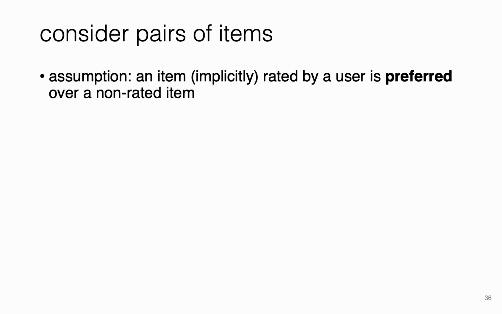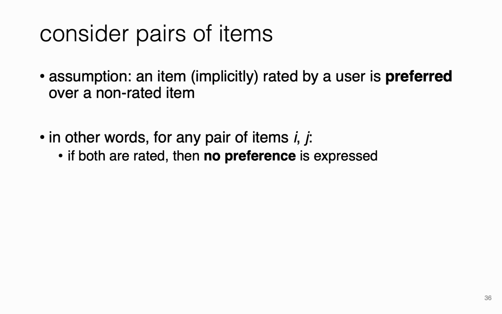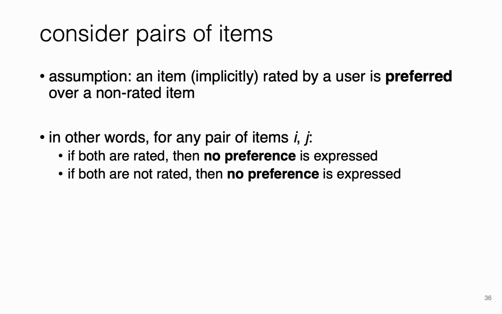Let's see what this translates into. Consider a pair of items I and J. If both are rated, then there is no preference expressed. This means that we cannot tell if users prefer I to J or the other way around. If both items are not rated, then again there is no preference expressed.